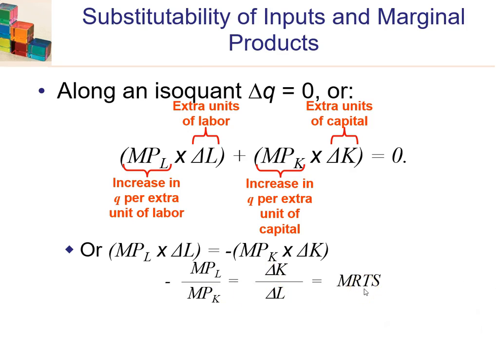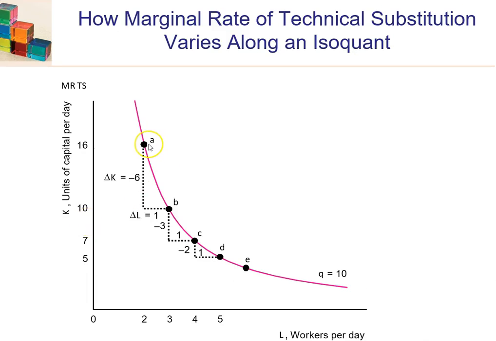So recall that very first point where in this equation we were at point A. We're willing to give up 6 machines to get one more worker to keep us on the same output, same isoquant. So this told us that the marginal productivity of labor was 6 times the marginal productivity of capital. So the MRTS right here is 6.